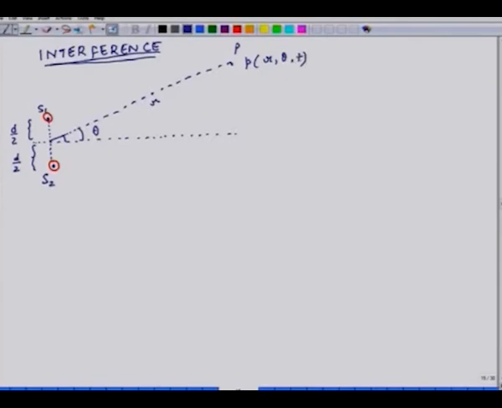The distance of sound source S1 is R1, and similarly the distance of sound source S2 is R2. Finally, I draw some construction lines. So, I drop a normal from S1 on the vector R, and if that is the case, then this angle is again theta.